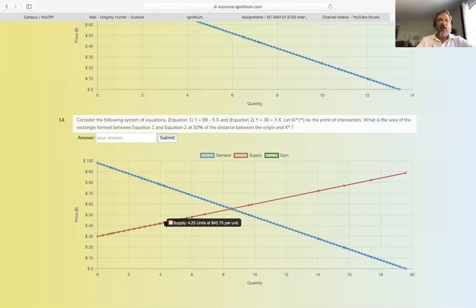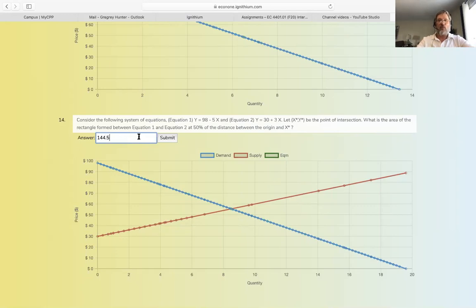And that's the height of the rectangle. Then the width of the rectangle is just 4.25. So 34 multiplied by 4.25 is 144.5.